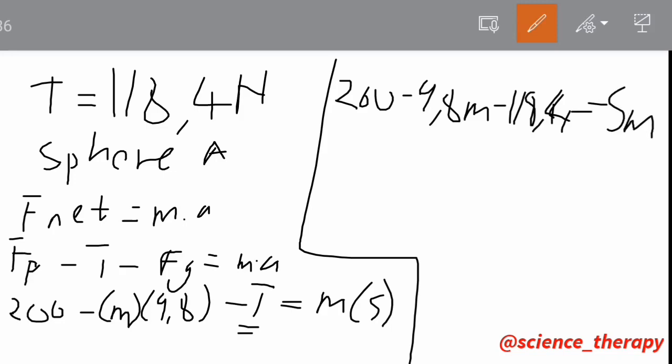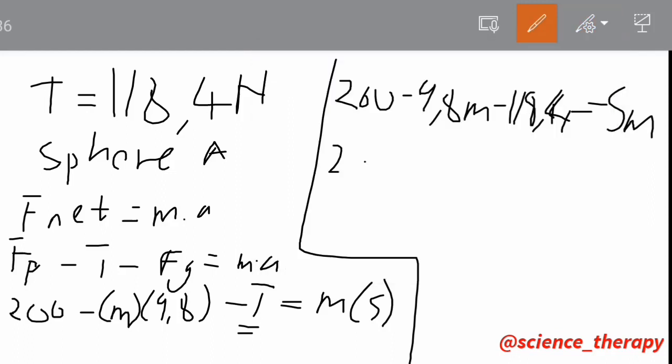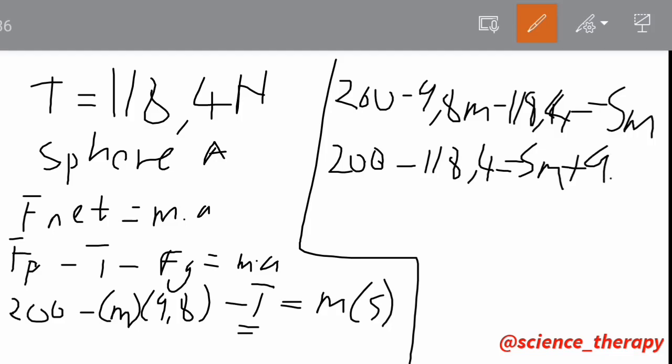So at this point, we can just transpose everything that has the variable m to one side and leave the constants on one side. So we have 200 minus 118.4 is equal to 5m plus 9.8m, right?